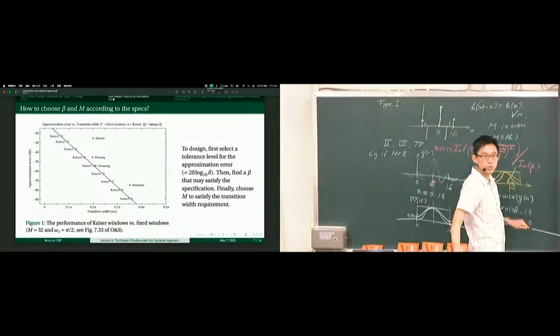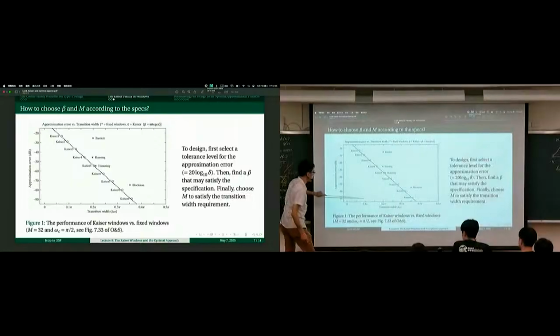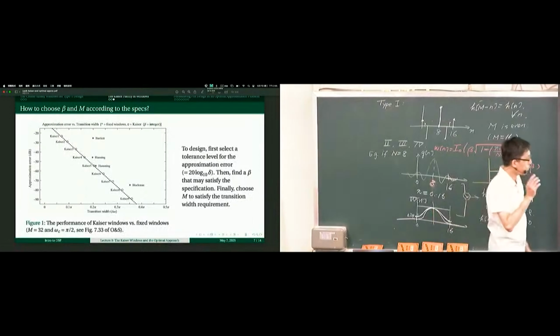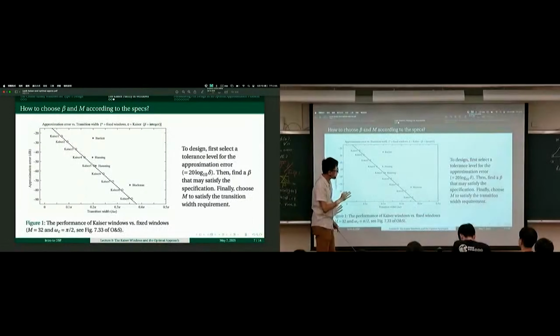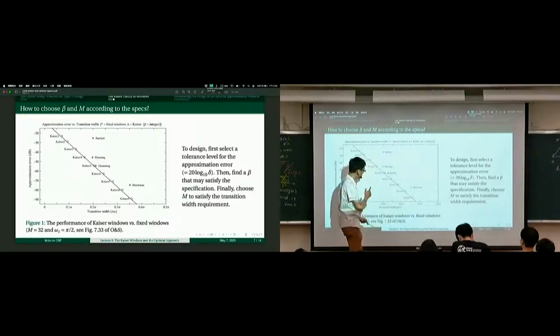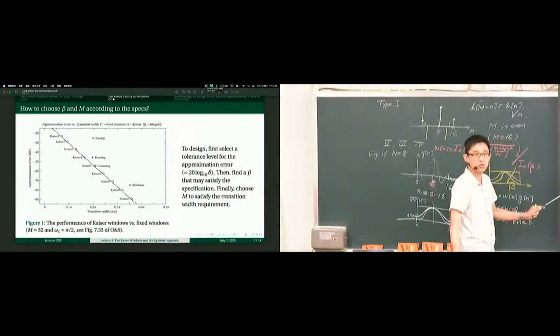Then every point should move to the left, because now the transition width can be improved. It's still going to be a straight line, a different line. So just grasp this design principle, that the transition width is inversely proportional to M. Then you'll be able to find out using this plot, which you saved on your phone.